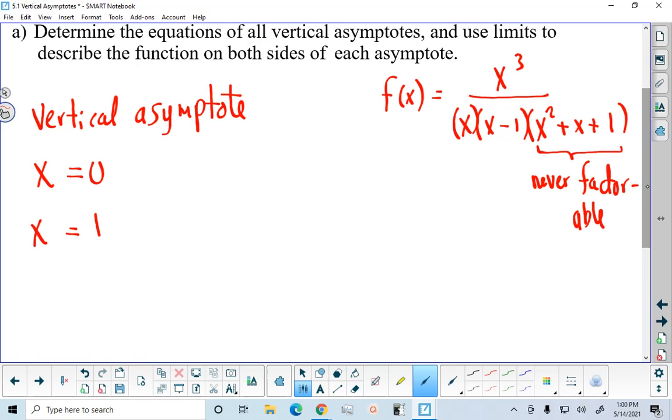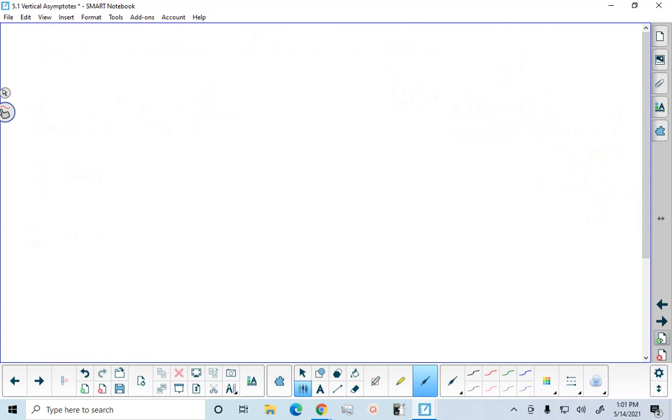So now we have to determine the behavior of the function close to those two asymptotes. Any questions about getting those two equations of the vertical asymptotes? Okay, so this is what we need to do. We need to find the limit as x approaches 0 from the left of the function.